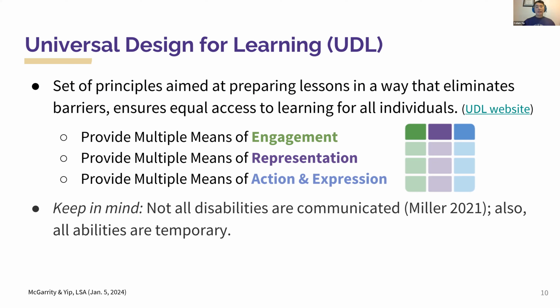We should keep in mind that not all abilities are communicated to us, and not all disabilities are covered by the Americans with Disabilities Act. Also, we generally take our abilities for granted, but we should remember that all abilities are temporary, and what we're doing right now may benefit us in the long run.